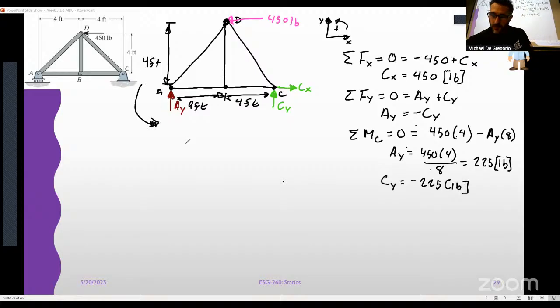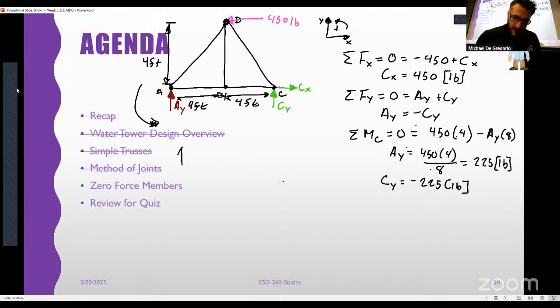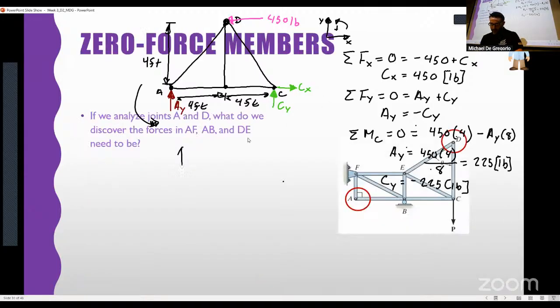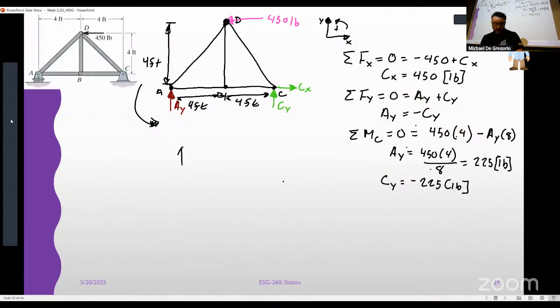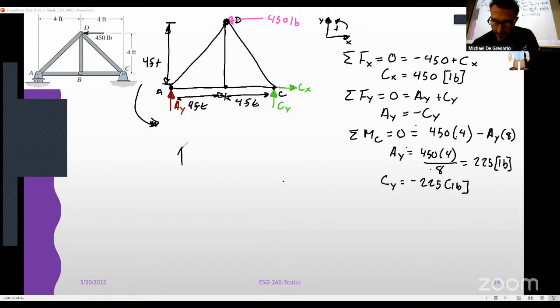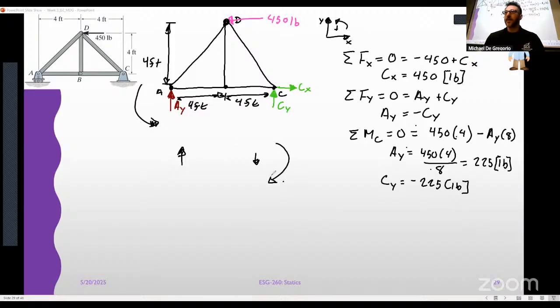A couple of forces here, where this one's up and this one down, creates a rotation that counters that, right? So that's what's going on from a global perspective.